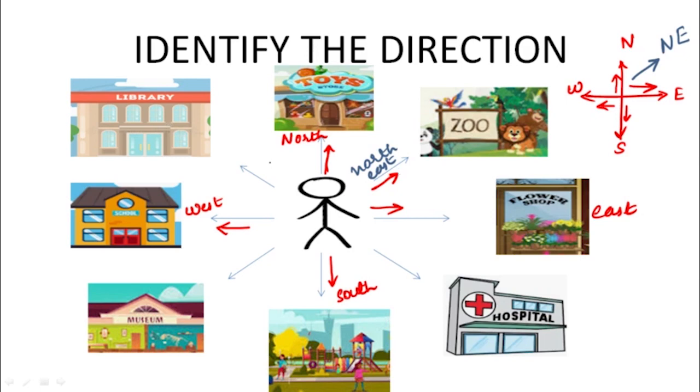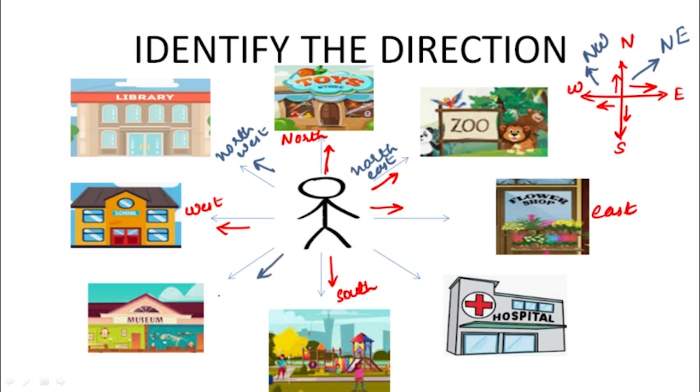Next, let us look at the library. In which direction is the library? The library is like this. That is, it is between north and west, or the direction is nothing but northwest. The library is to the northwest of the person. Similarly, look at the museum. The museum is to which direction of the person?